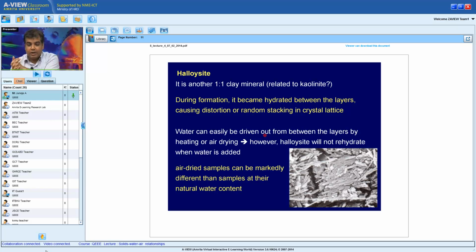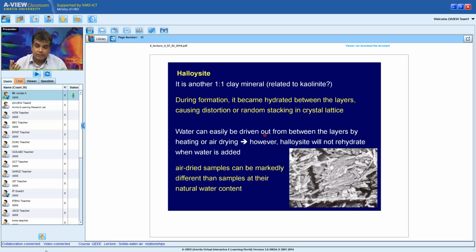So in other words, if water which is chemically bound to the clay mineral is driven out, I have a different clay mineral altogether. This clay mineral will have properties, I must say, similar to kaolin, because now no water exists. But if I am able to retain the water, I have a different property altogether.